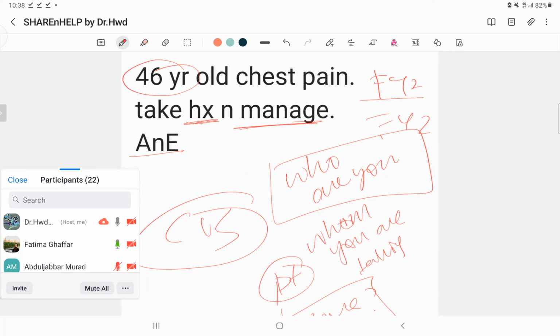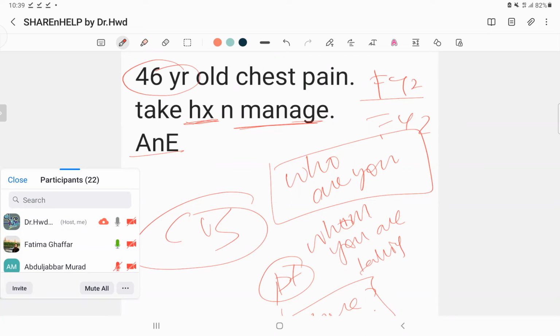Okay. And is there anything that is making the pain worse? Yeah, when I walk, especially when I'm going up the stairs, that's when it hurts the most, and when I just sit down, that's when it gets better. Okay, I see.